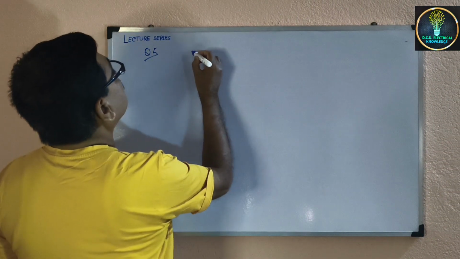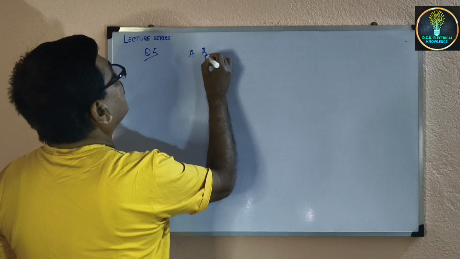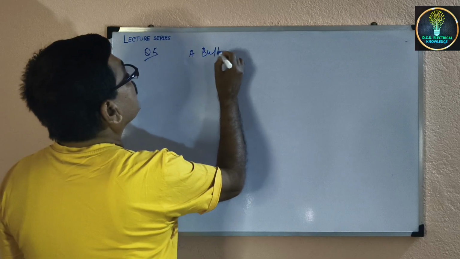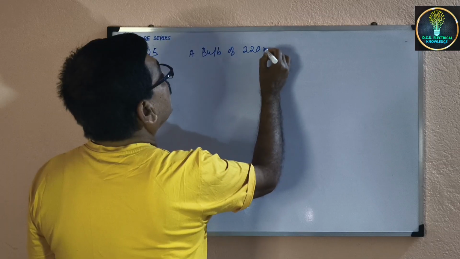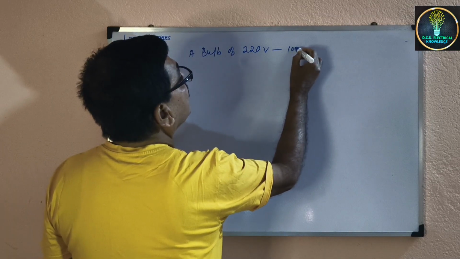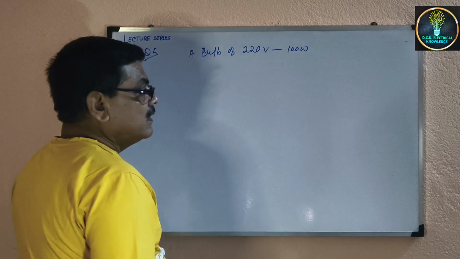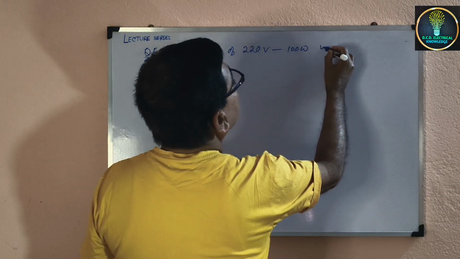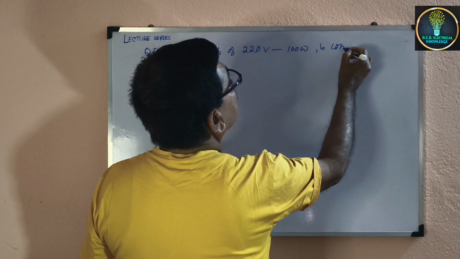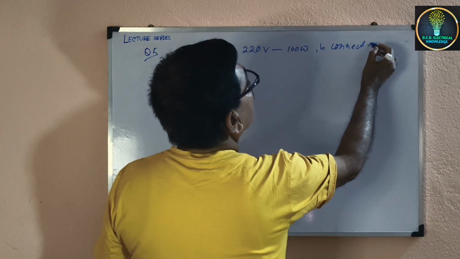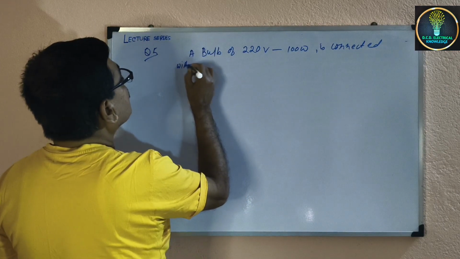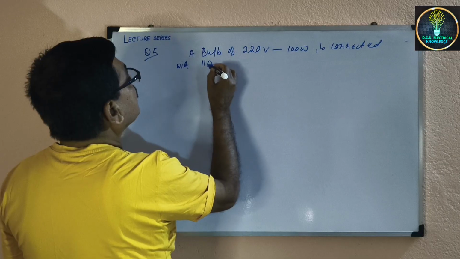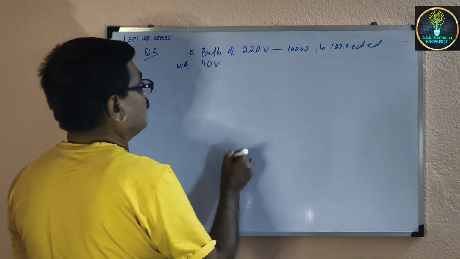Question number 5. A bulb of 220 volt, 100 watt is connected with 110 volt.